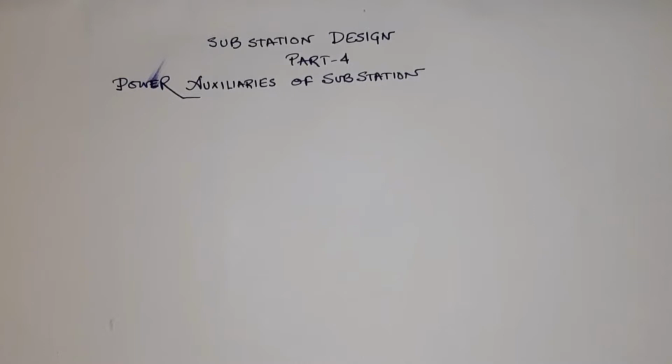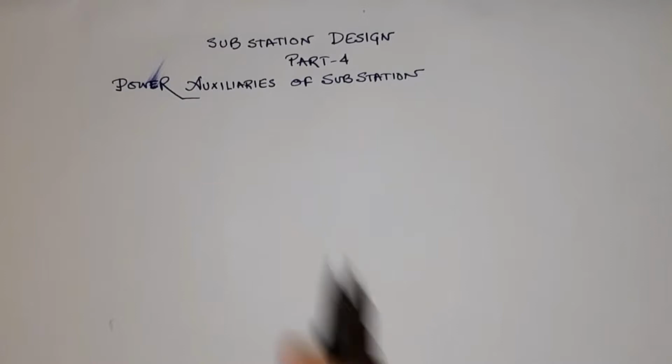For example, suppose you need to design a 220 kV by 33 kV grid substation, but only a 220 kV by 33 kV transformer will not serve your purpose. You will need a lot of other power supplies too. So in this video we will be discussing what the other power supplies will be. Okay, so let's see one by one.